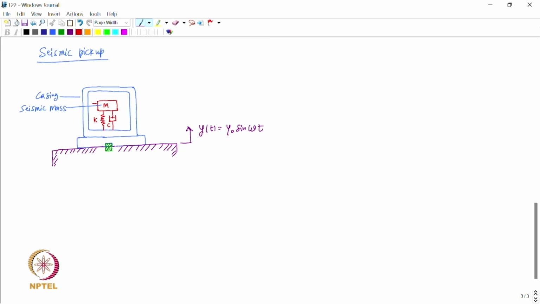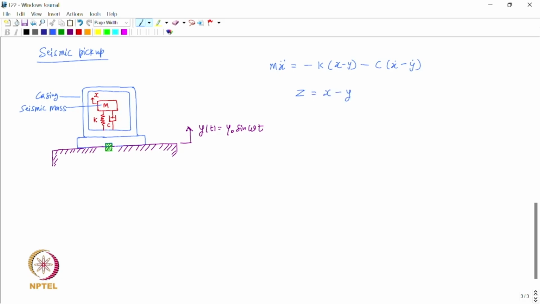So, let us represent the vibration of the seismic mass by x. Let us write the equation of motion for the seismic mass, that would be m x double dot is equal to minus k times x minus y minus c times x dot minus y dot. Let us now define the relative displacement of the seismic mass by the quantity z, which is equal to the absolute displacement x minus the displacement of its base, which is y.